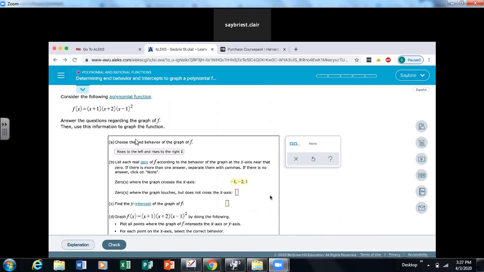And then where it touches, but I would say none right there. So that means if you go back to that equation and you plug in a 0 where all those x's used to be, so you're going to get 0 plus 1 in parentheses times 0 plus 2 in parentheses times 0 minus 1 squared.